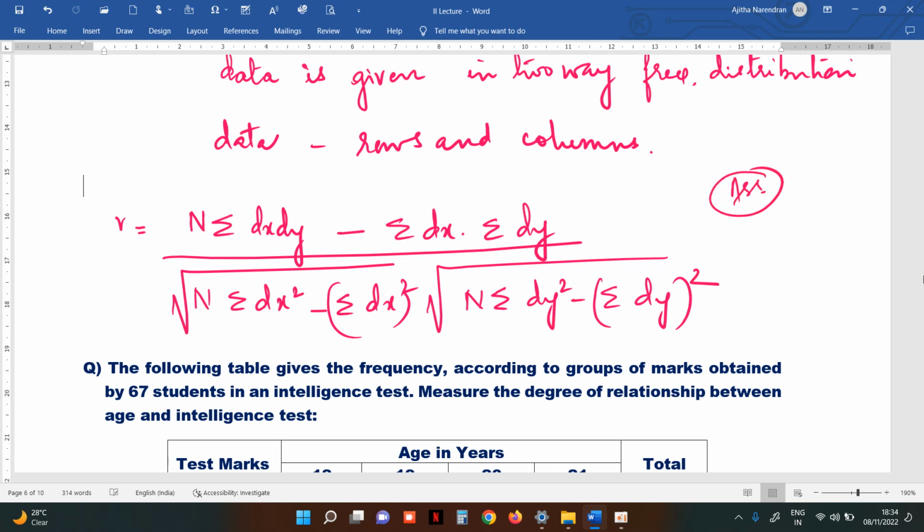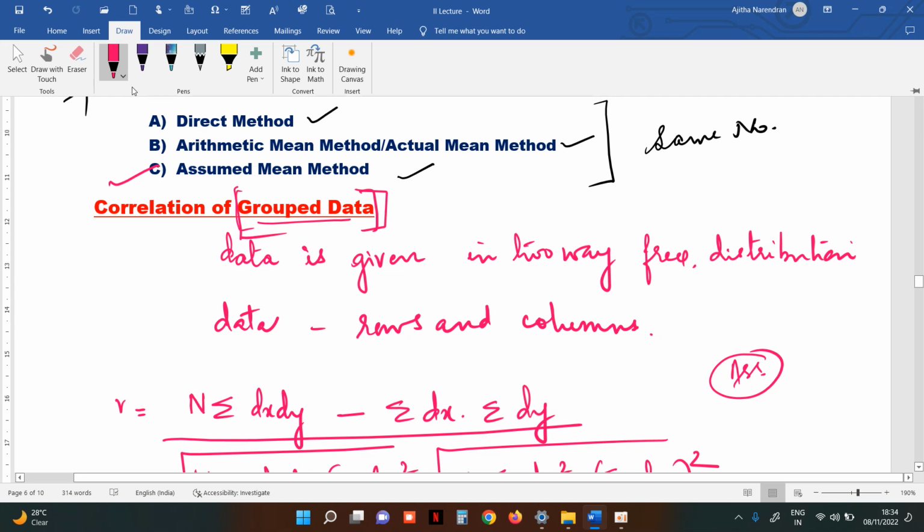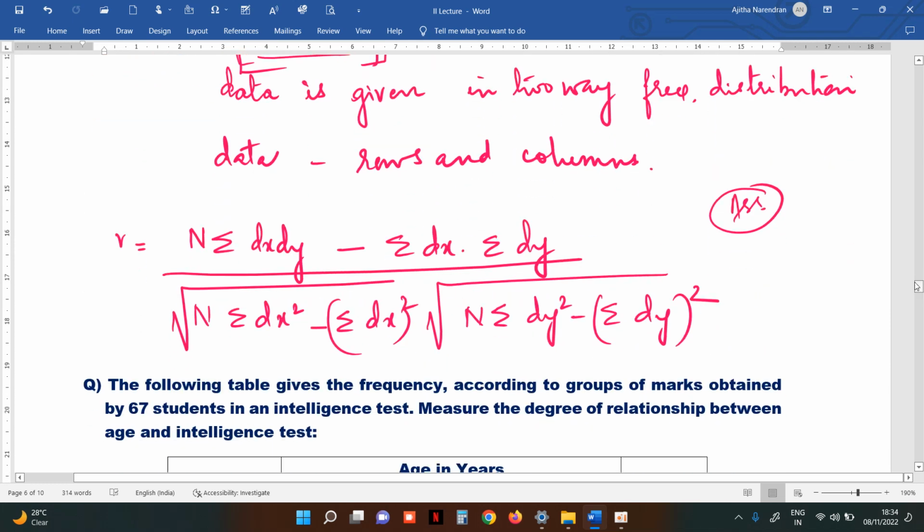Now what we have to do in computing correlation in case of grouped data? In case of grouped data, the frequency is also given. So we need to add the frequency in this same formula. You are going to add f here: f dx dy, f here, f here, f, f, f and f.